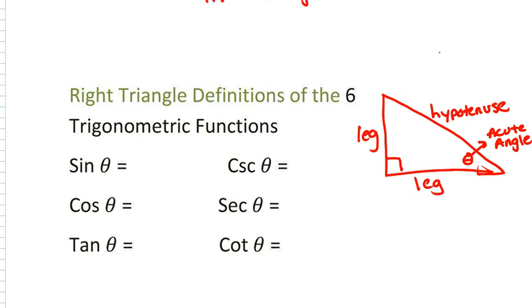Now, based upon this acute angle, you have 6 trigonometric functions or ratios. You have the sine of theta, which is basically the opposite side over the hypotenuse.